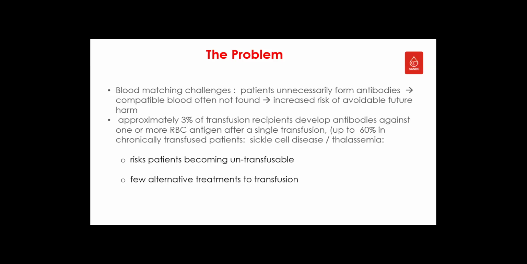Our patients may form antibodies unnecessarily, and if they are repeatedly transfused, they may become untransfusable. We struggle to find compatible blood, and this is a very real problem, specifically in the divisions that you work in, hematology and hem-onc.